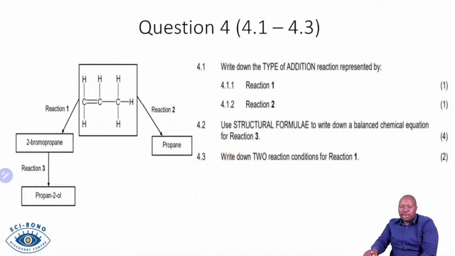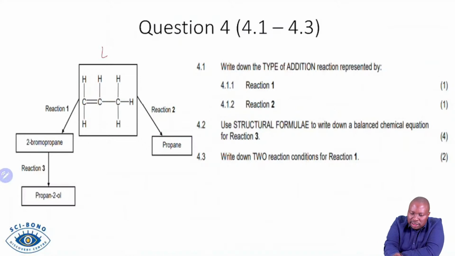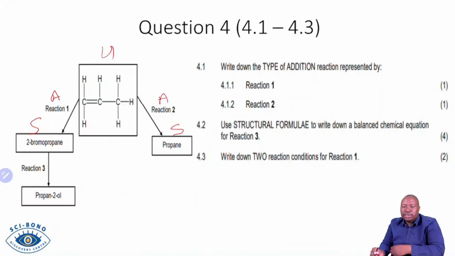Now, we're just looking at the question as we go towards the conclusion of our lesson. As indicated, what we have to do is just say this is unsaturated, forming saturated. This is unsaturated, forming saturated. So you know, we said USA. So you know that this is an addition reaction, this is an addition reaction, because in all of them, we're having unsaturated forming saturated.